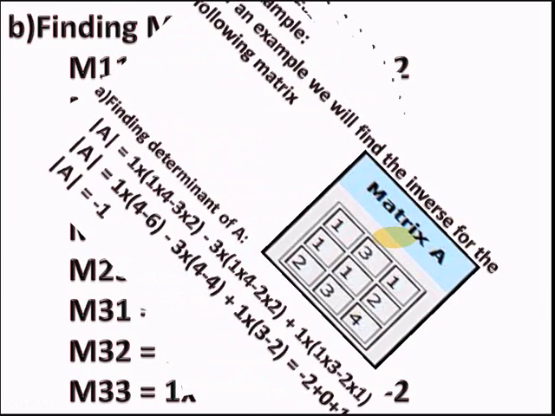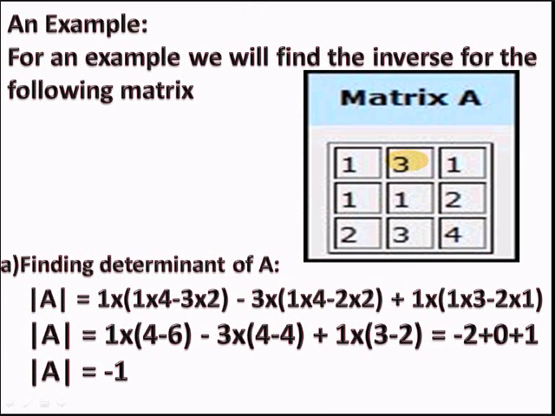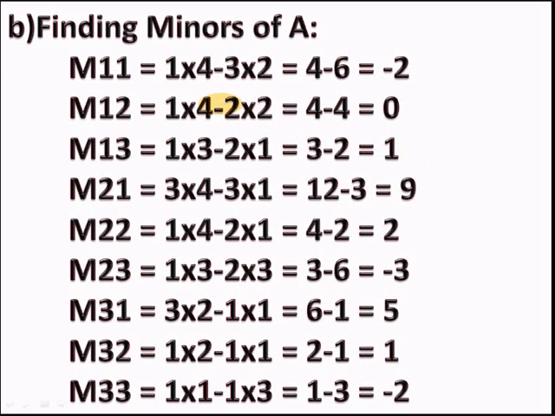Leaving the first row and the second column, we have to multiply 1 and 4 and subtract it with 2 and 2. In the same way, we are going to calculate the minors M13, M21, M22, M23, M31, M32 and M33.